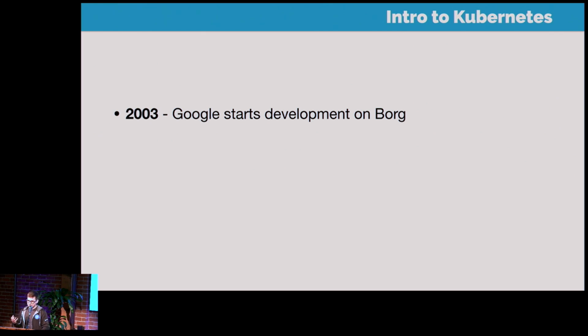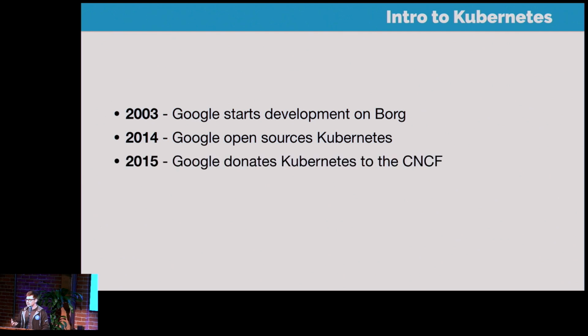They brought all that knowledge from building this Borg system, and they made Kubernetes, which is kind of an open source version of Borg. They open sourced that in 2014. It immediately got a lot of traction. It was really popular. And in 2015, they donated it to the Cloud Native Computing Foundation, which is a part of the Linux Foundation.